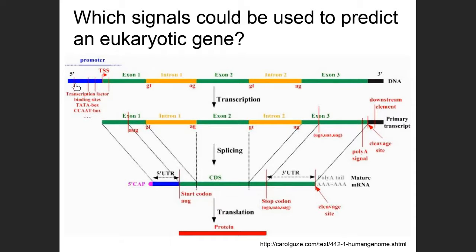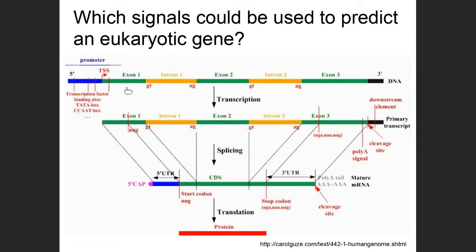But this blue chunk here is where the machinery that will do the transcription will bind. So in here, there's a TATA box I told you about. There's something called a CAT box. So anyway, there are signals in the promoter that tell the cell to transcribe the sequence that is downstream from it.